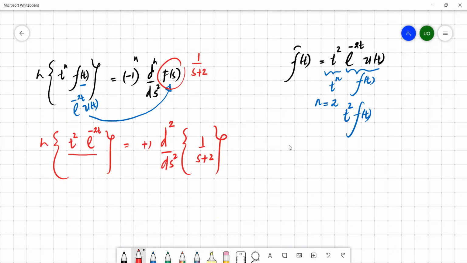Then you need to introduce a time shift. From the theory, we know that if we have a time shift, an exponential function appears in front of this term.